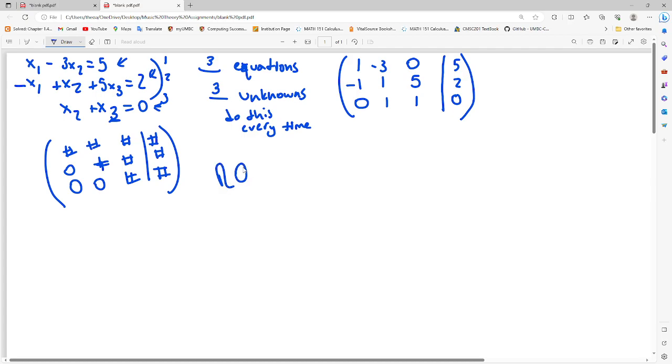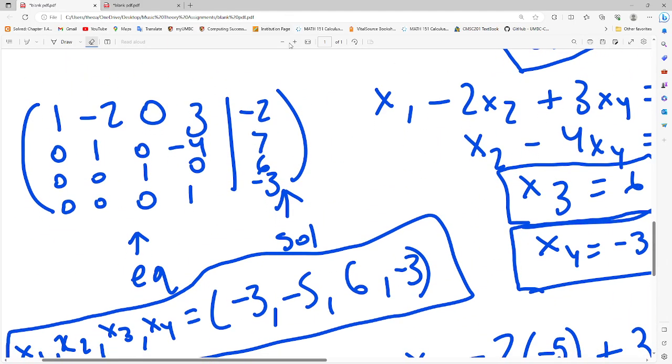This is what you call row echelon form. This is the form that we want to have our matrix end up in, because when we get to here, we can solve equations like we did before.